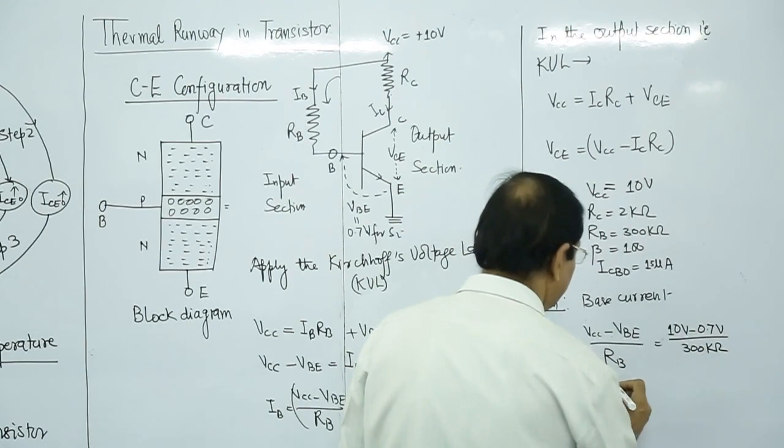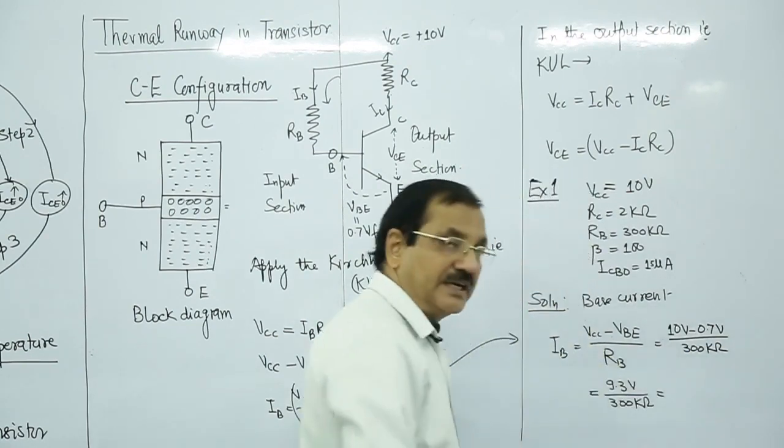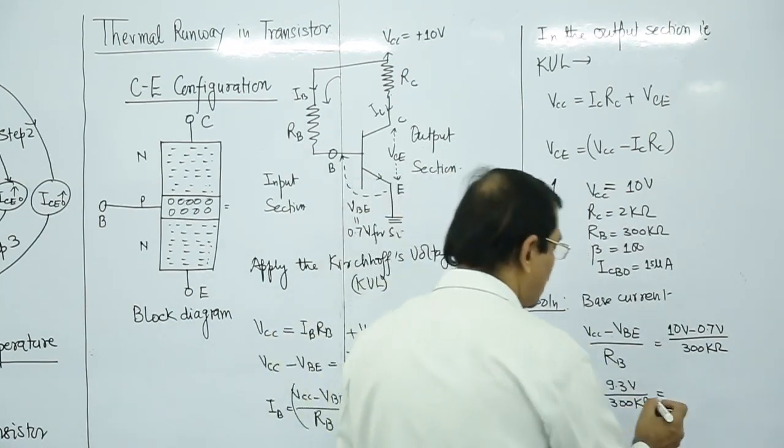So this is 9.3 volt upon 300 kilo ohm. So this value is how much?